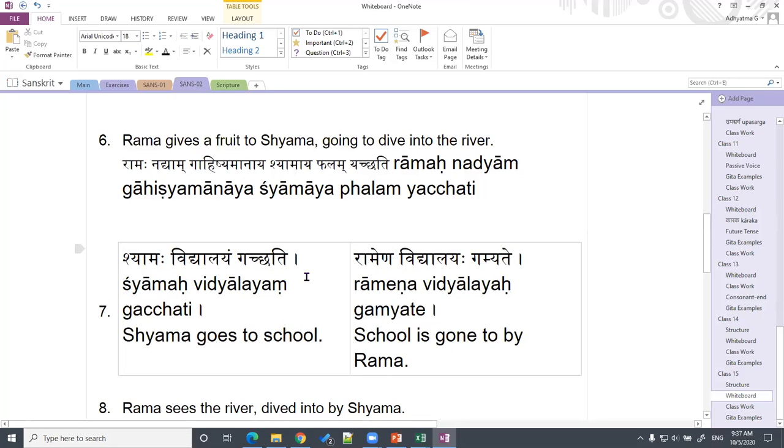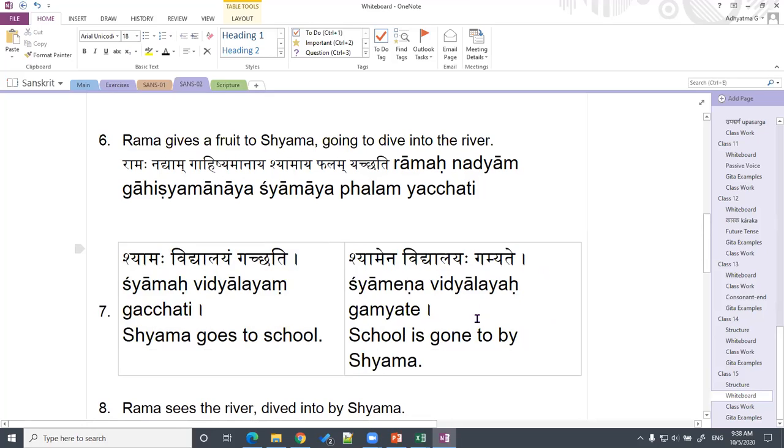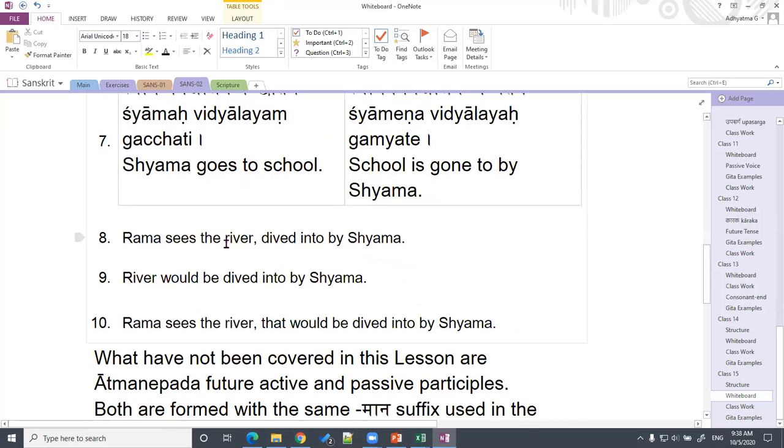Then this is the active voice sentence, and passive voice sentence would become Shyamena Vidyalayah Gamyate. So this is our active voice sentence. But this is active voice, this is passive voice. Shyamena Vidyalaya Gamyate.